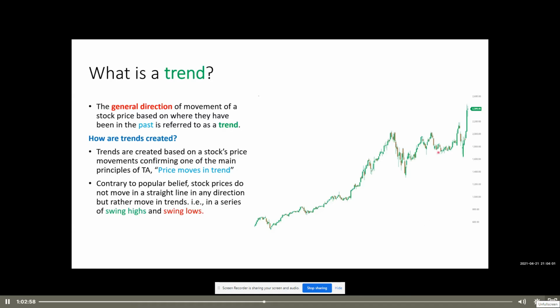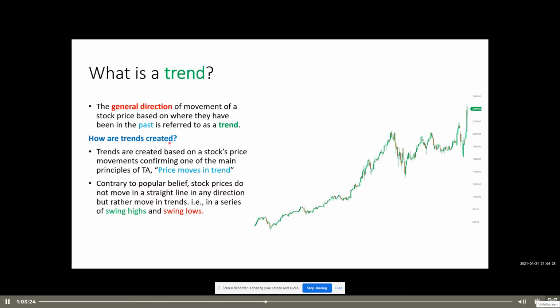Just by looking at the chart, you can guess the direction. Where is the stock going? The stock is going up. No rocket science. This is an uptrend. The general direction is up, and that's what we call a trend: the general direction of movement of price in a chart.